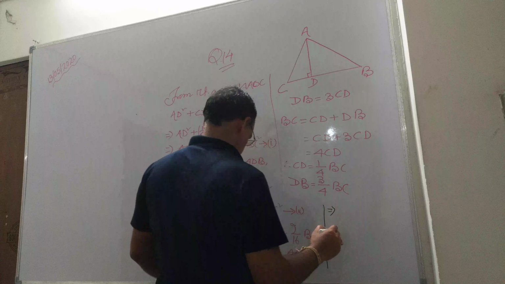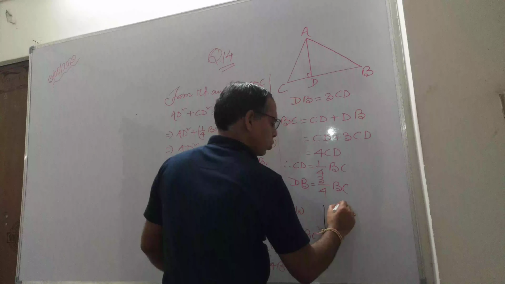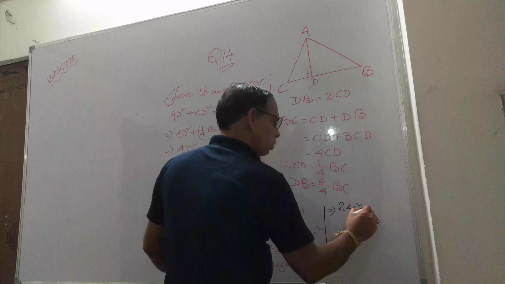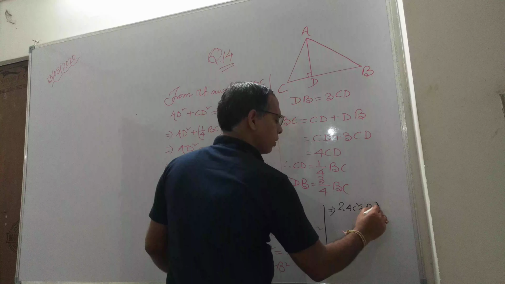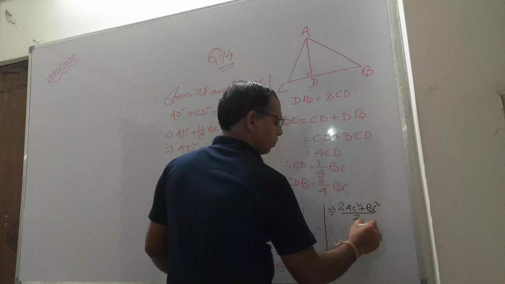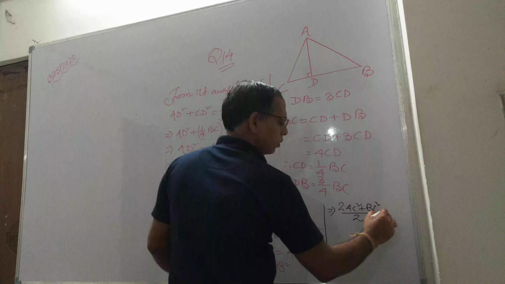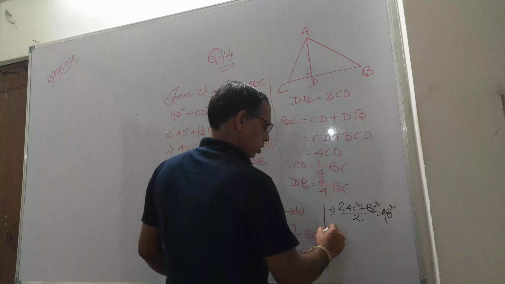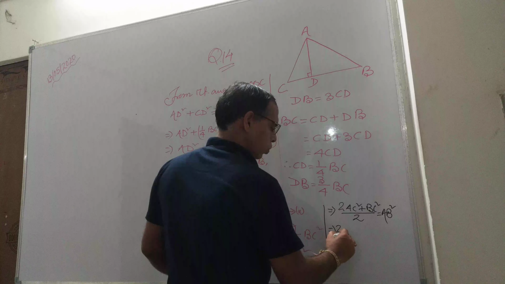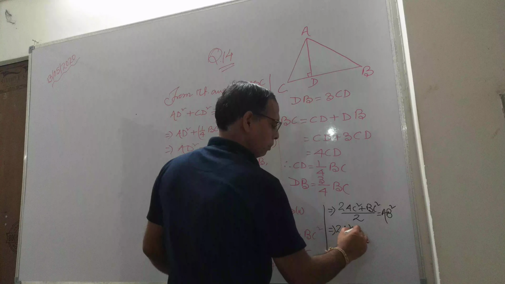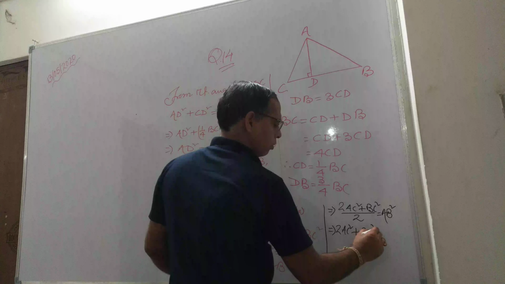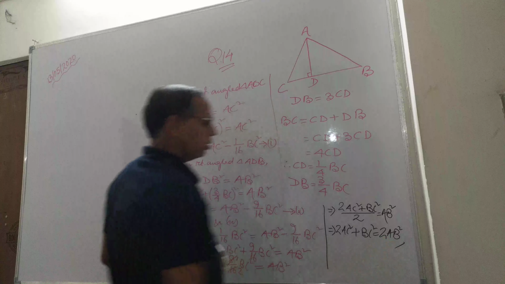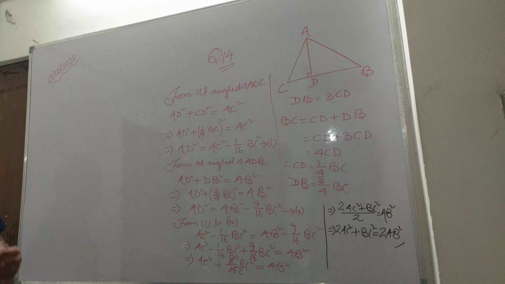Implies twice AC square plus BC square divided by 2 equal to AB square. Implies twice AC square plus BC square equal to twice AB square. This is the answer.